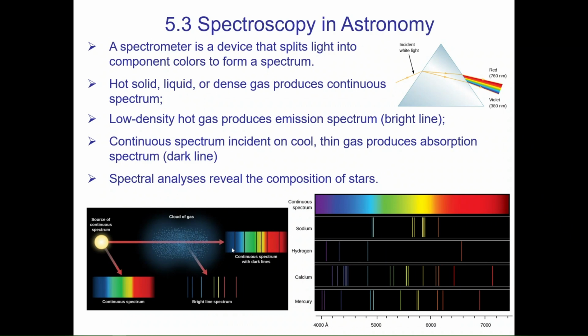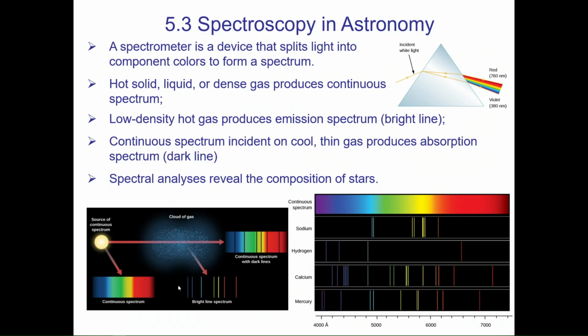We'll talk about what the dark lines represent in a moment. Another type of spectrum only exhibits discrete lines at different colors. This bright-line spectrum we call an emission spectrum. They only have bright lines.